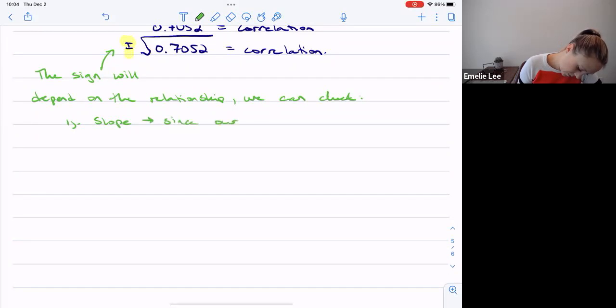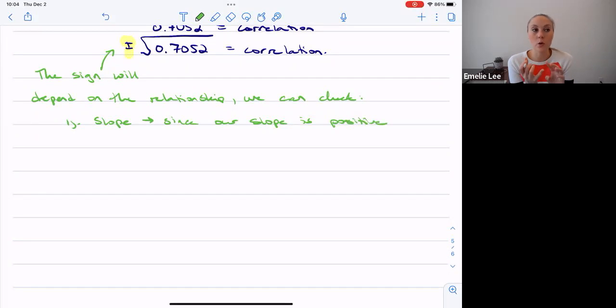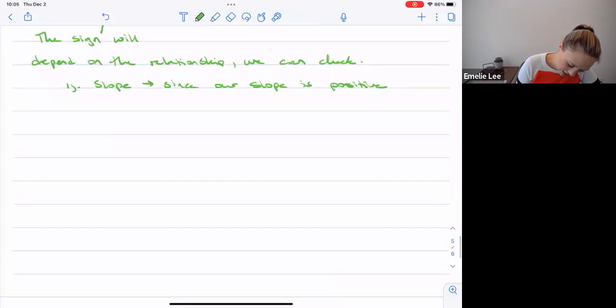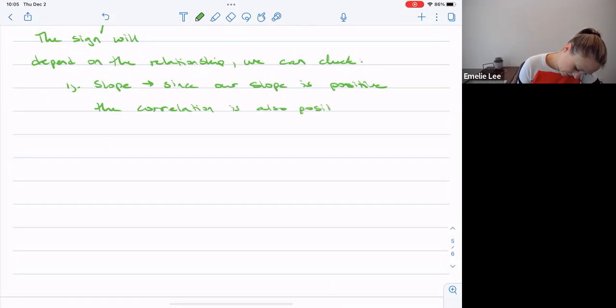Since our slope is positive, remember the correlation tells us the strength and the direction of the relationship, and the slope is the relationship. So if it's positive, then the correlation must be positive. Since our slope is positive, the correlation is also positive.